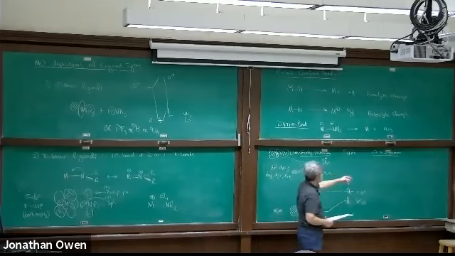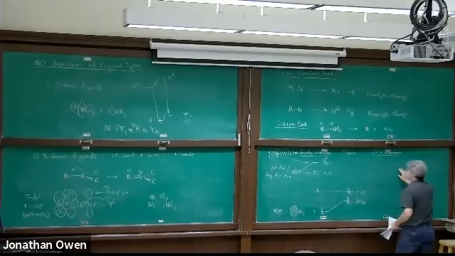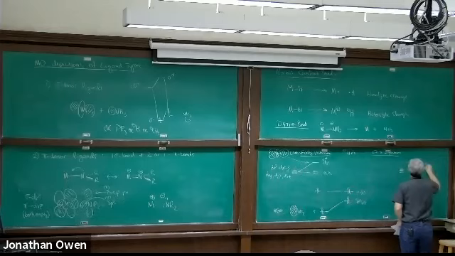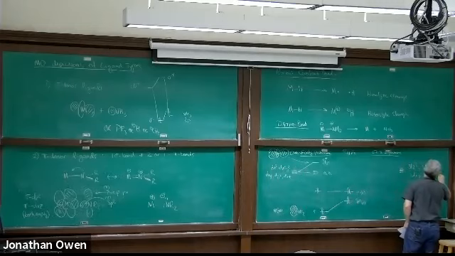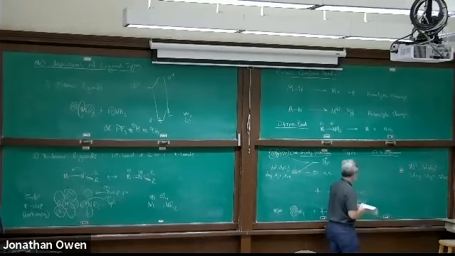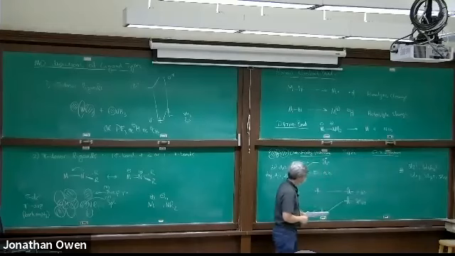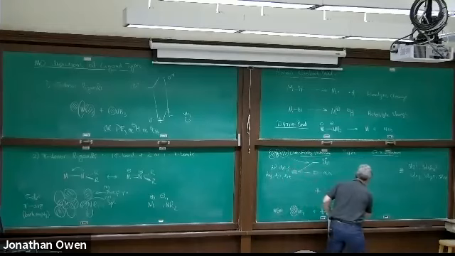Now, let's do the sigma plus pi picture. Again, we're going to start with our 5 d orbitals. Okay, and now we're going to make bonds. We already know about this one here.